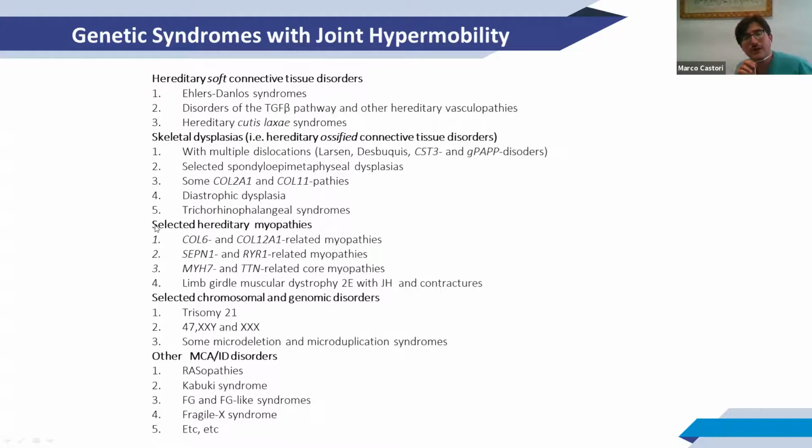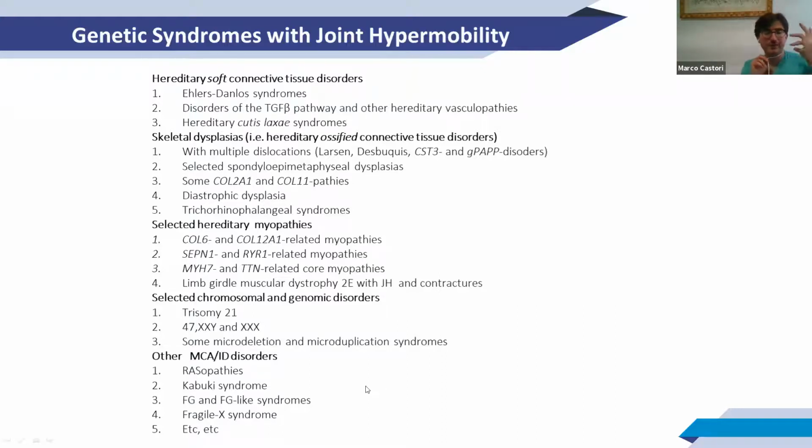But you can also have a subset of hereditary myopathies featuring joint hypermobility. In our experience, we have at least 2 cases of hereditary myopathies that were originally ascertained by the clinical geneticist by the presence of joint hypermobility.